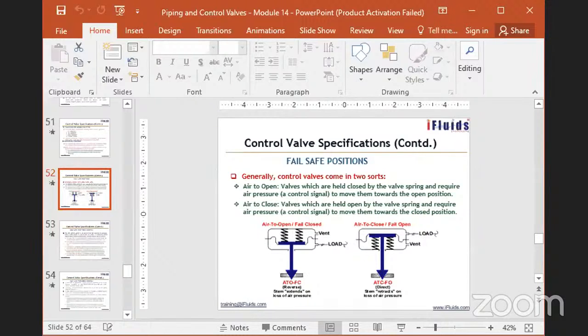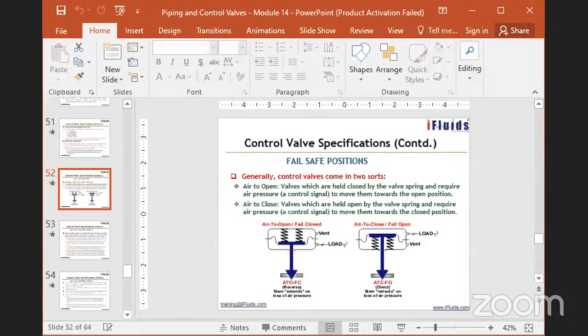Solenoid, sir. Solenoid comes in the instrument circuit. Solenoid is electrically operated. It is an on-off valve. Solenoid valves normally we don't use in the process requirements, but it comes in the instrumentation circuit, the fail open, fail close, things like that. The solenoid valves are operated to allow the instrument air into the diaphragm.